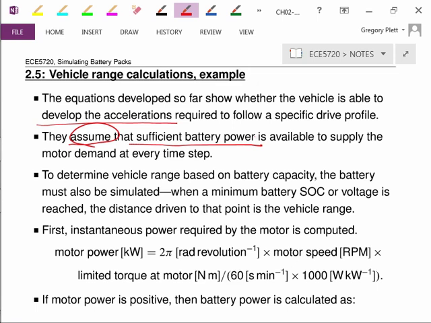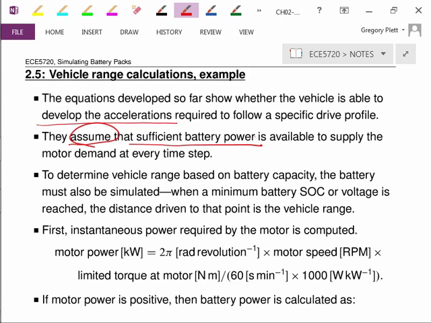So here, to determine the vehicle range based on battery capacity, we have to simulate the battery as well. And here we're going to do a fairly crude battery simulation, although later in the chapter we'll look at some better ways to do battery pack simulation, and it's possible to combine both. We just don't actually do that.